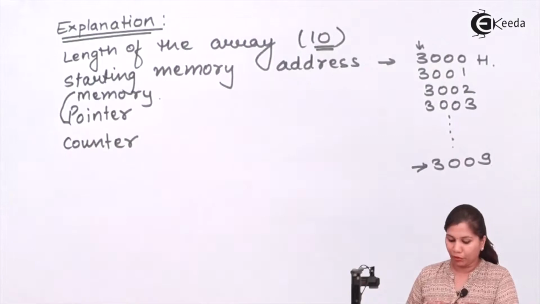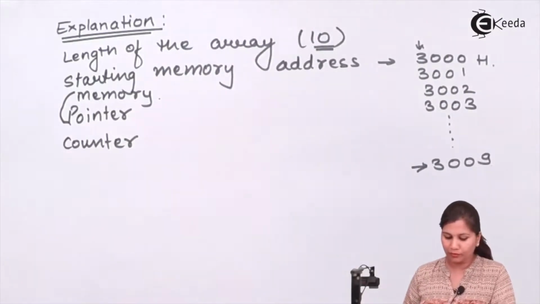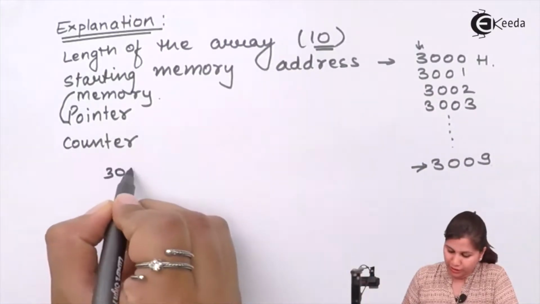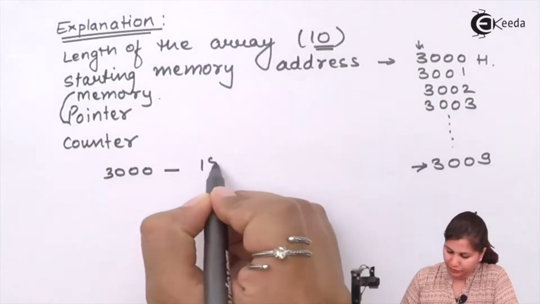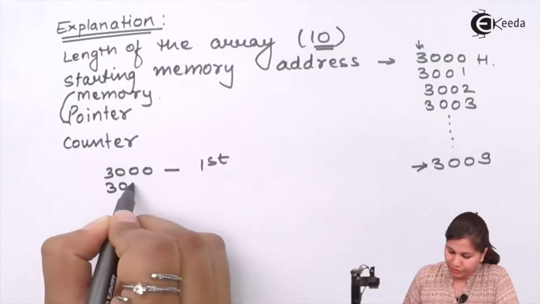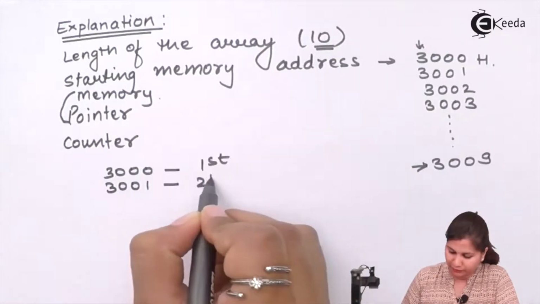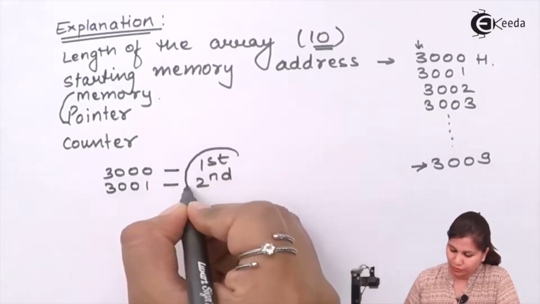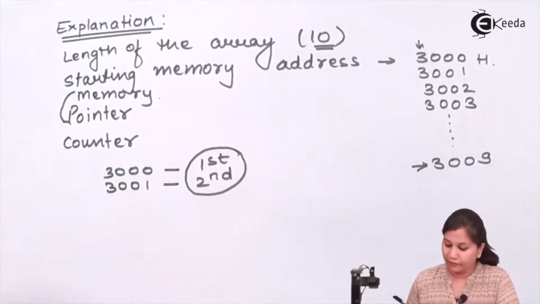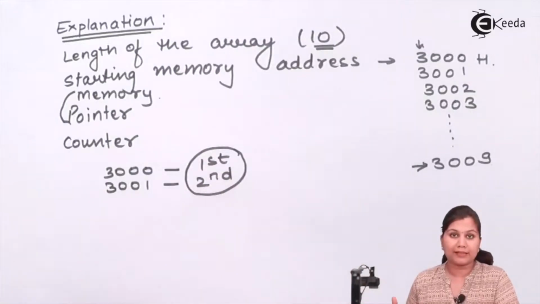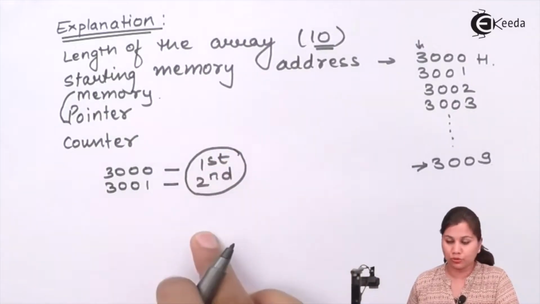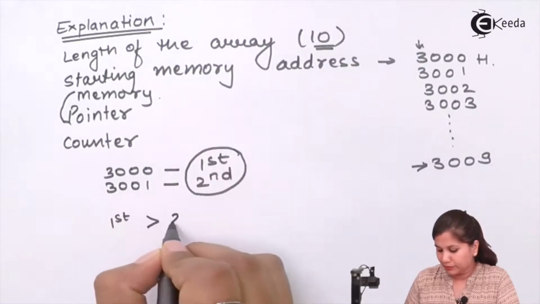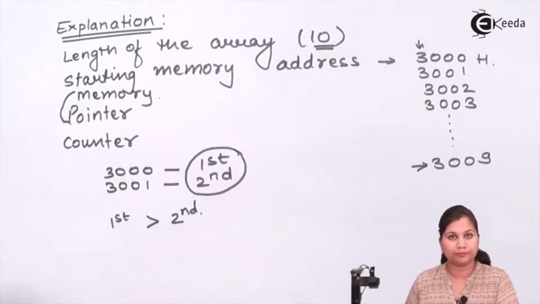After that, the first number is stored at memory location 3000, and the second number is stored at 3001. Then we will compare these two numbers and find out which is the maximum between the two. Suppose the first number is greater than the second number.